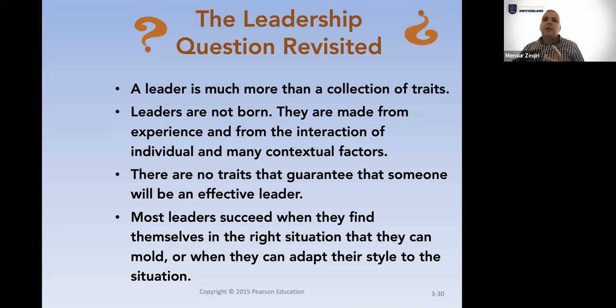So this is the explanation to the question that we asked at the beginning of this lecture. Being an effective leader means that you understand the situation, and then you are able to adapt your leadership style to that particular situation. That's what is considered crucial for a leader to succeed.